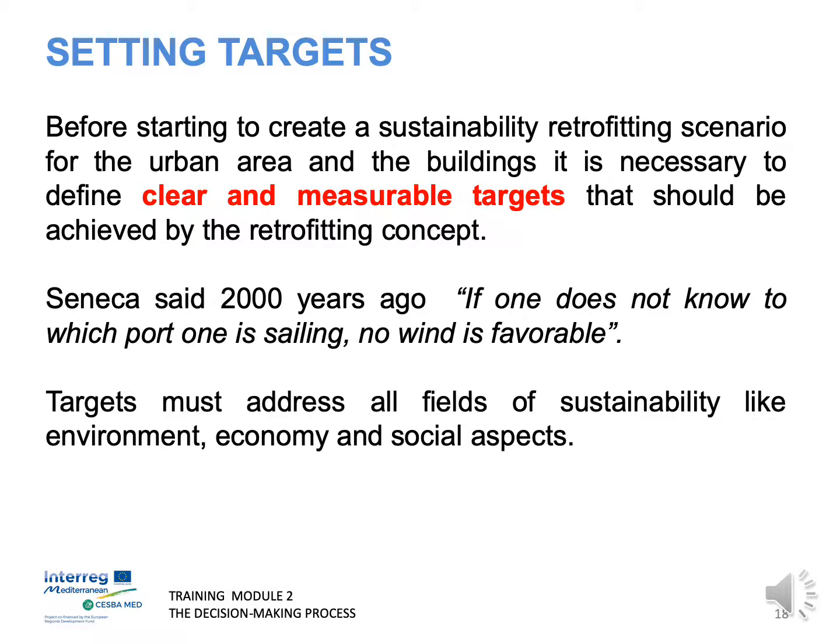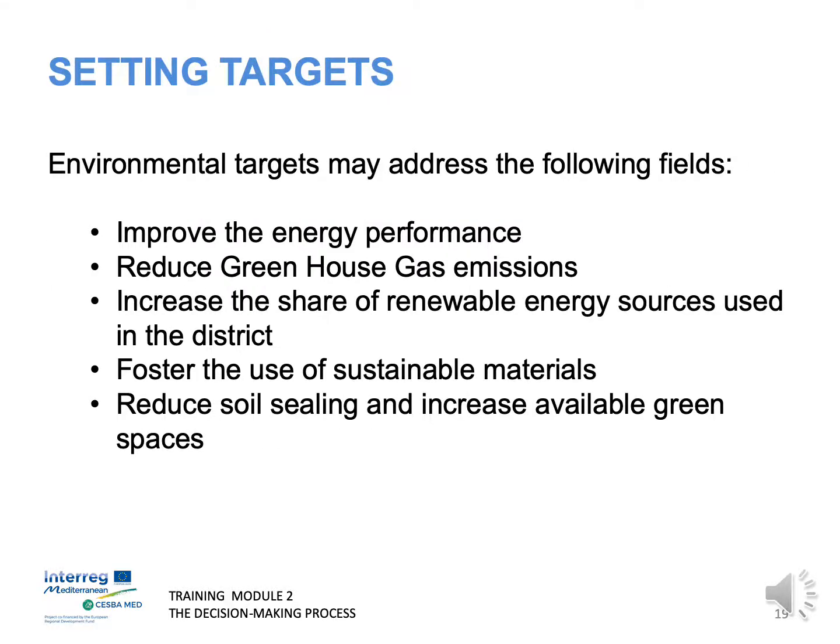And this is a very valid quote in this scenario. In fact, targets must address all fields of sustainability like environment, economy, and social aspects amongst other things. So let us now go in more detail on these three main aspects.